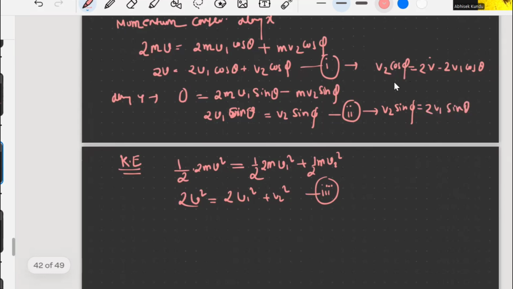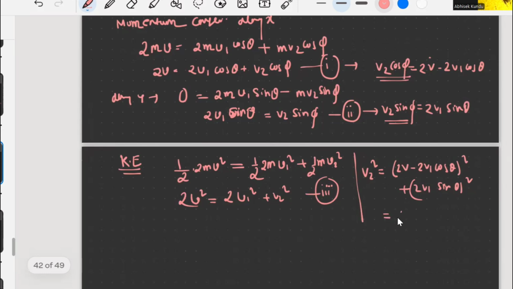So from these two equations, v2 cos phi and v2 sine phi, we can eliminate phi by squaring and adding them. If I square this and add this, I'll get v2 square is (2v minus 2v1 cos theta) square plus (2v1 sine theta) square.